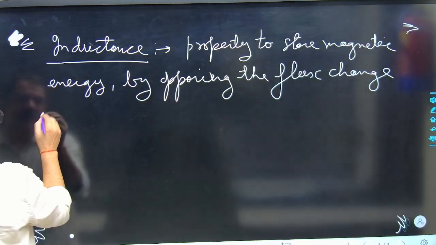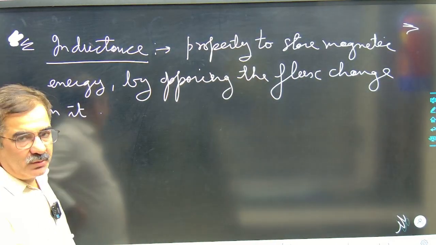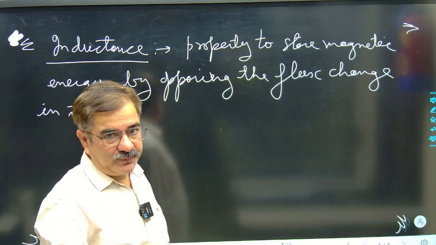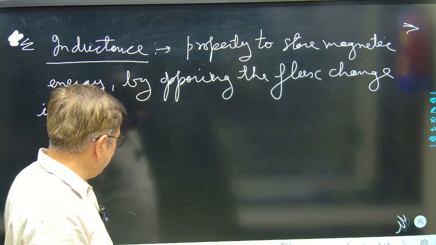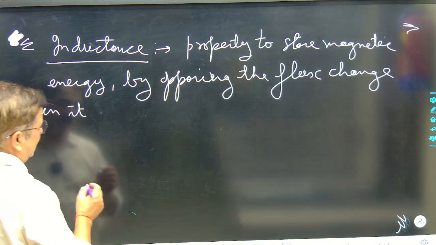By opposing the flux change in it, we get this inductance. The solenoid is also called an inductor. Solenoid or toroid, these instruments or any current carrying instrument with certain geometrical parameters, we will see this inductance.